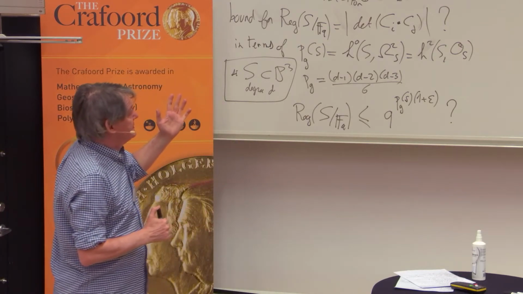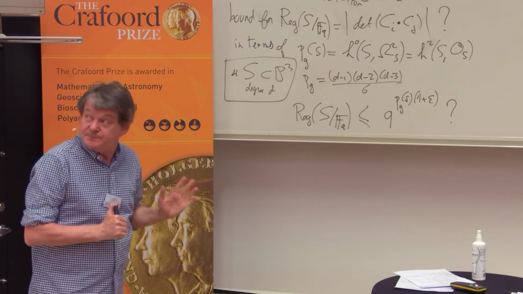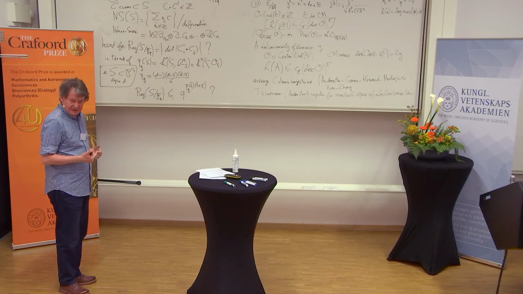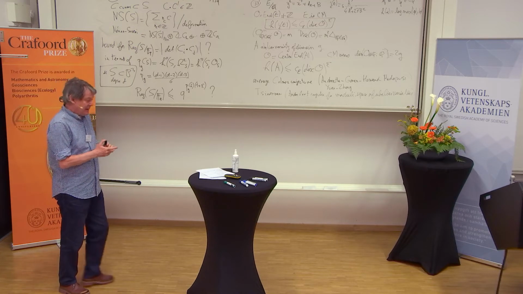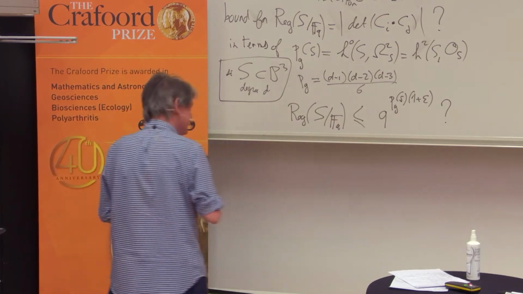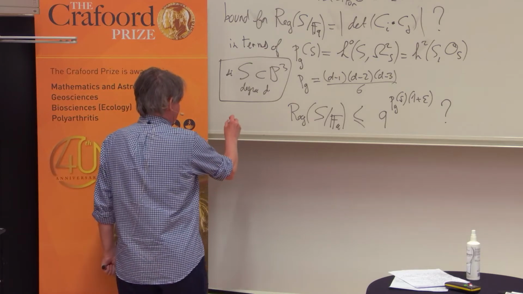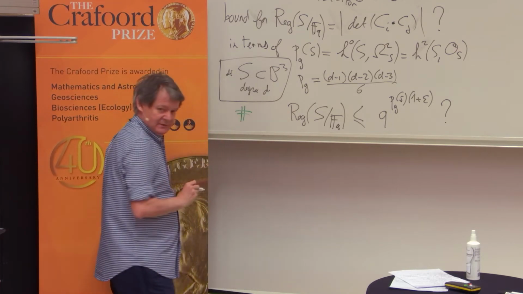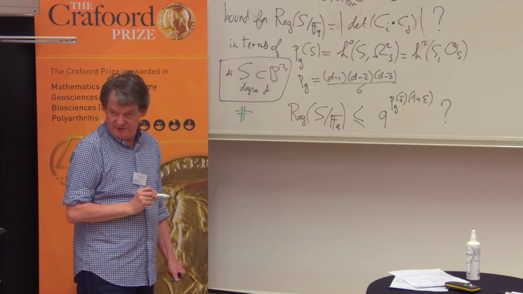So I have stated my three problems, and I hope I made it clear that there is some kind of analogy with the Brauer-Siegel theorem. Now I can make the analogy much more precise. As I will add here something that is like the class number.